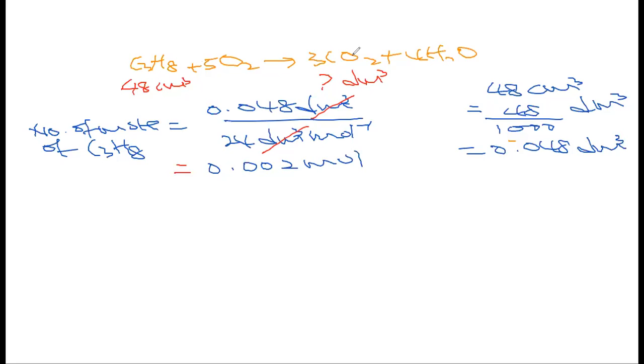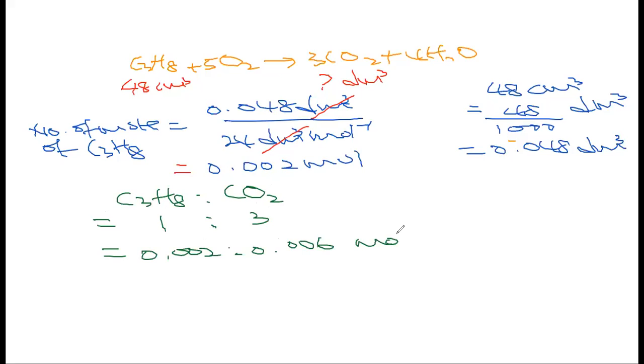Okay, now look at this. The ratio of the C3H8 to the carbon dioxide from the equation is 1:3. So when you get this 0.002, it will be producing 0.006 mole. And from here, we go on to step 3, which is the volume of carbon dioxide gas.